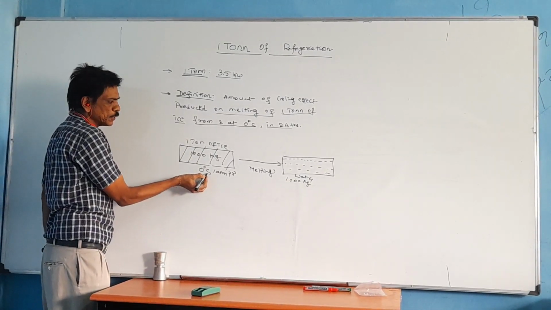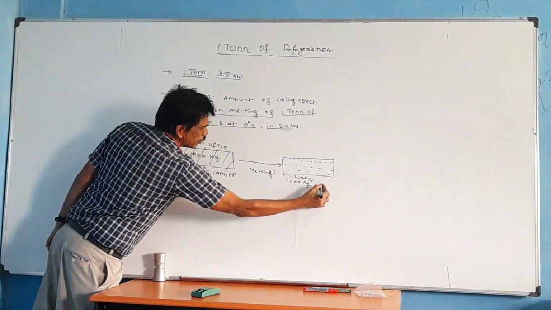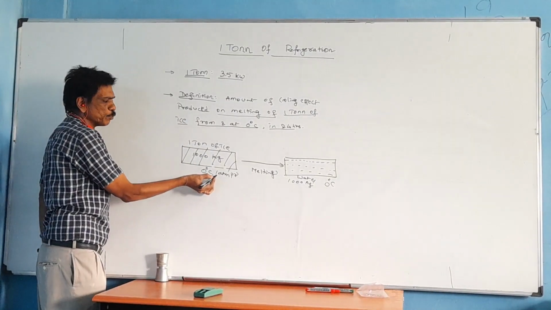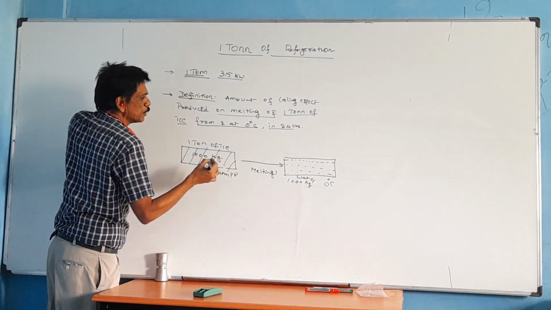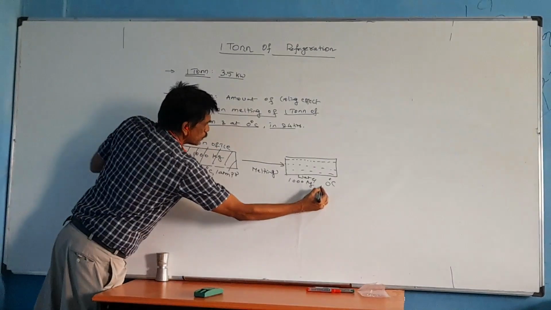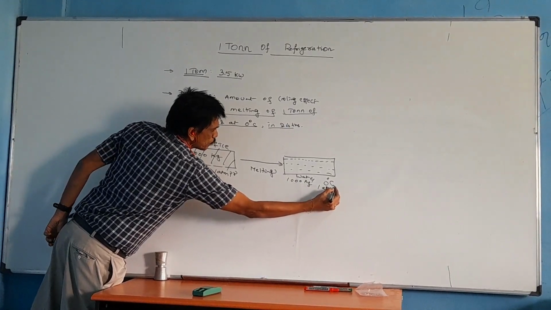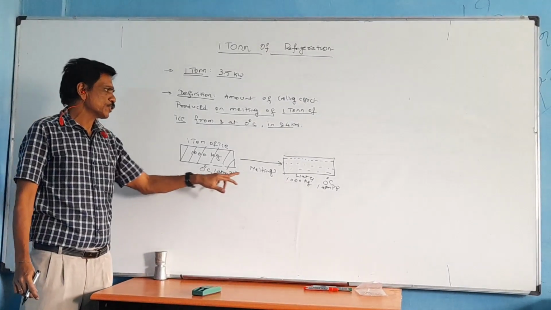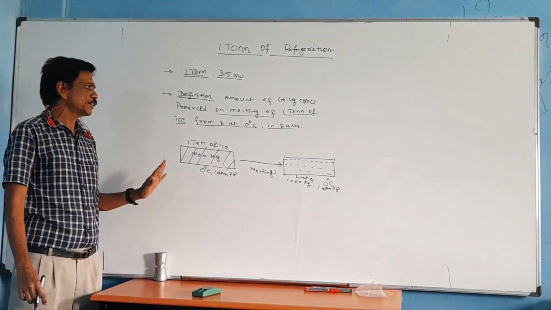Initially it is at 0 degrees centigrade, and after melting also at 0 degrees centigrade. Initially the pressure is 1 atmospheric pressure, and after melting the pressure is also 1 atmospheric pressure. So throughout the melting process the pressure and temperature are maintained constant.